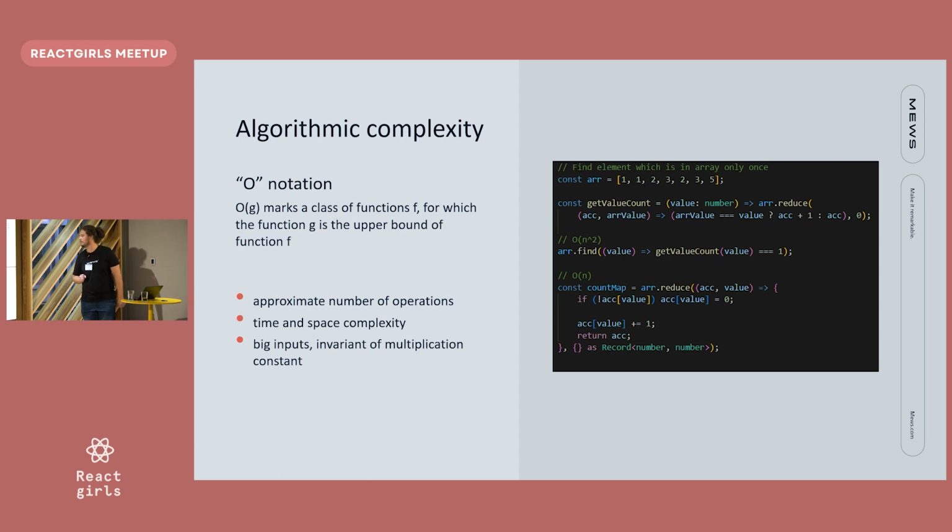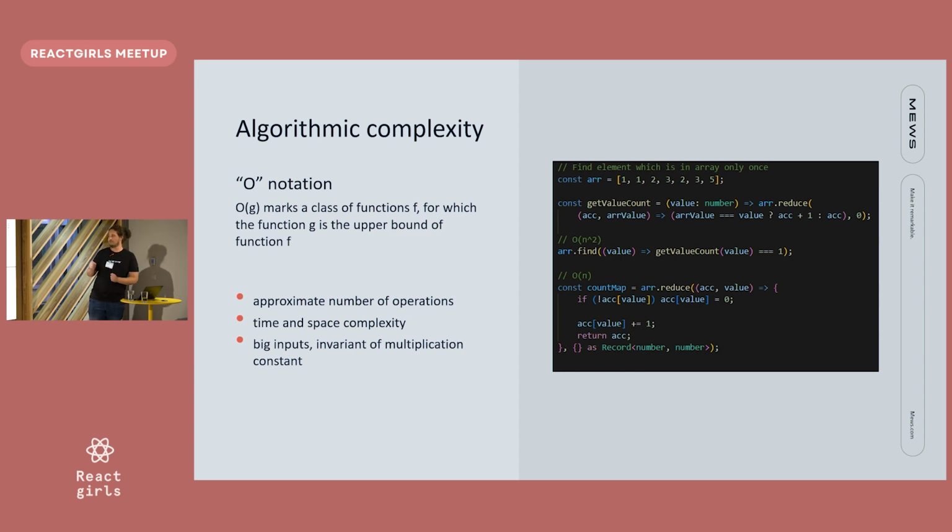We'll have a short example. We have an array with some elements, just numbers, and we want to find an element which is in the array only once. Easy. We'll have a function which gets a value on input, and it will return the number of occurrences in the array. Easy.